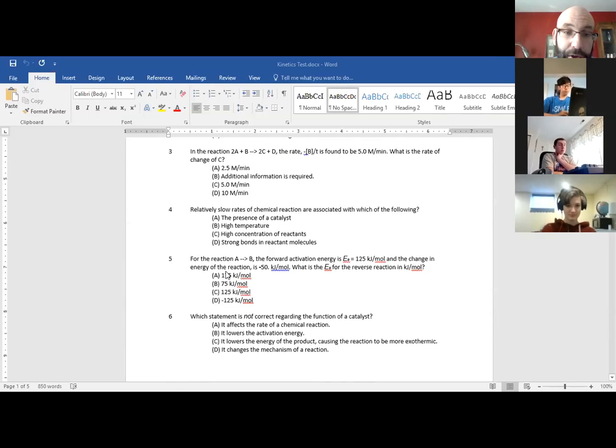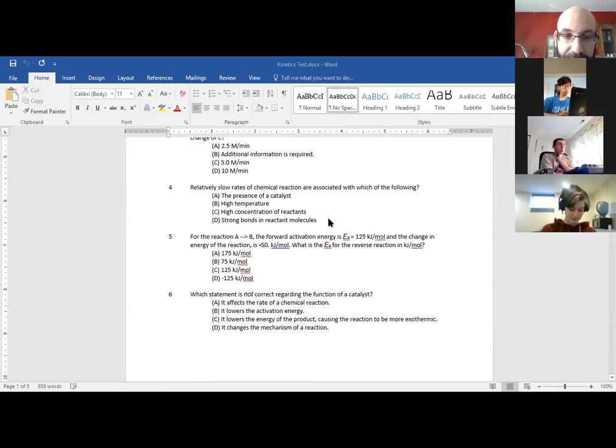4, the reason why you have a slow chemical reaction, well, it's not A, B, or C, because those all increase the rate, so it's got to be D. If the molecules are held together really strongly, it's not going to proceed quickly. 5, the answer is A. So it's exothermic, so it's 50 kilojoules lower on the product side than the reactant side.